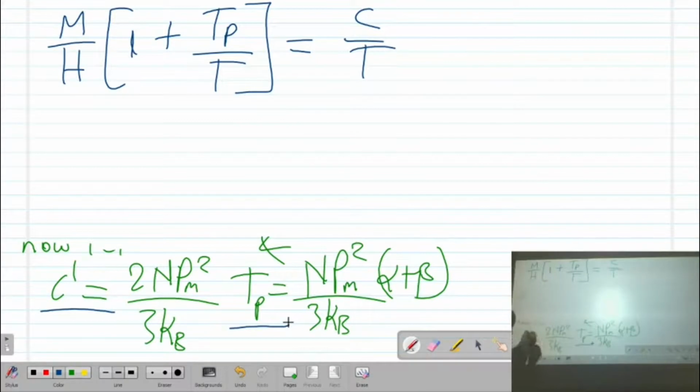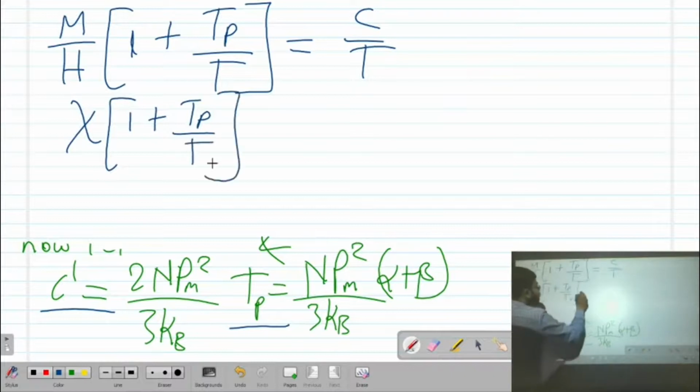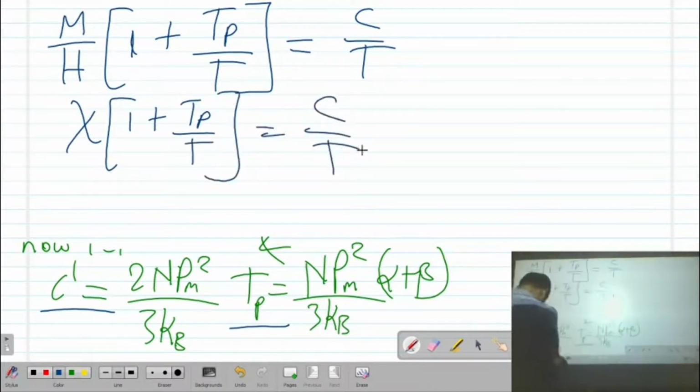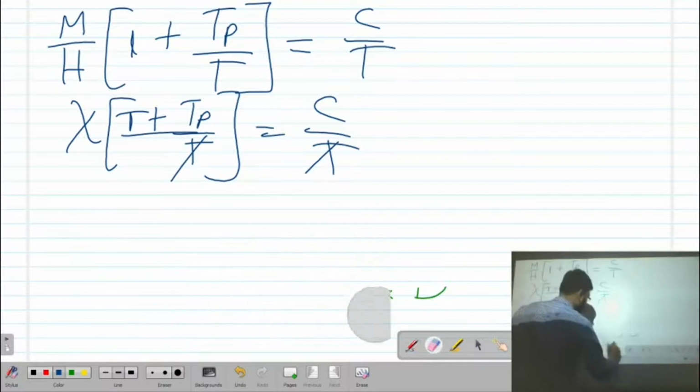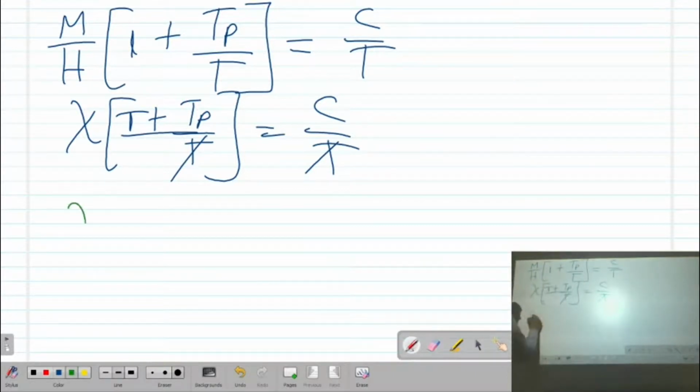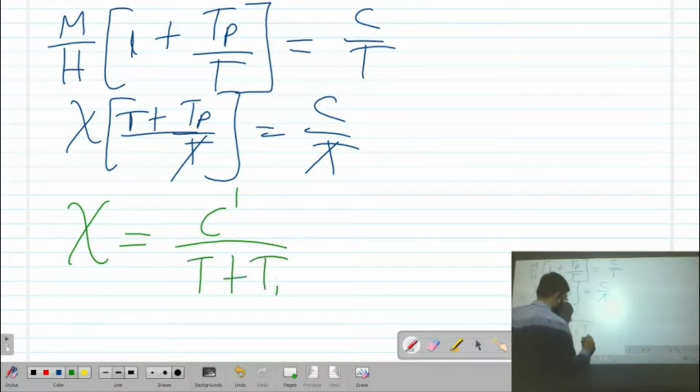This m by h is nothing but chi, into 1 plus T p by T is equal to c dash by T. This T p by T will go to the other side, this T and this T will be cancelled. So chi is equal to c dash by T plus T of p.